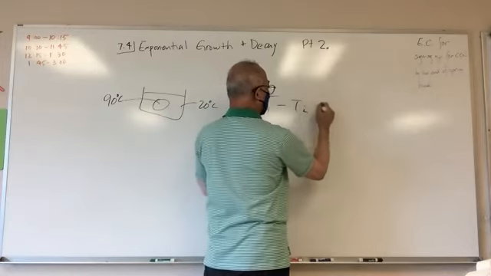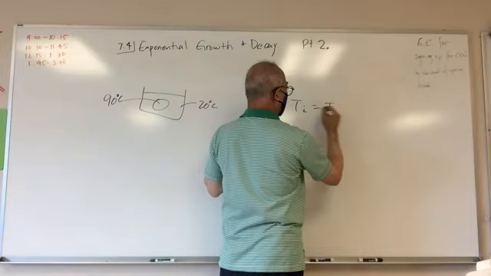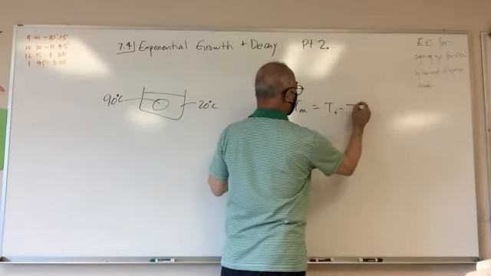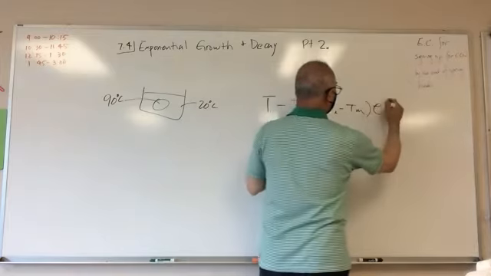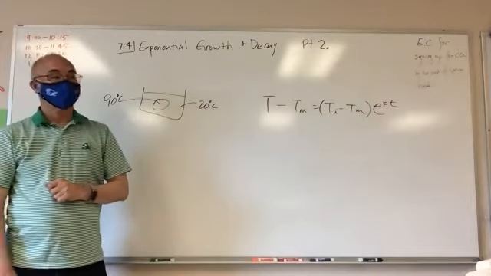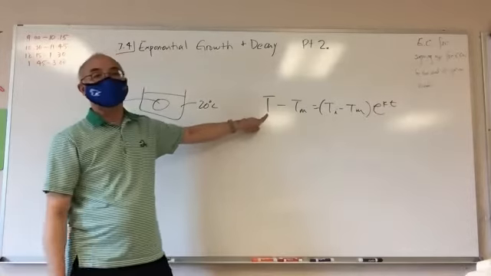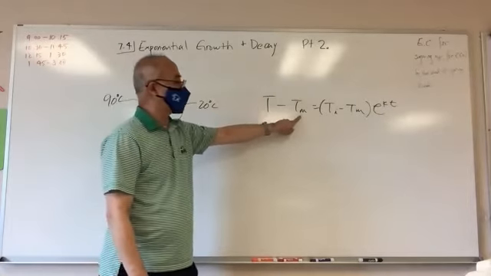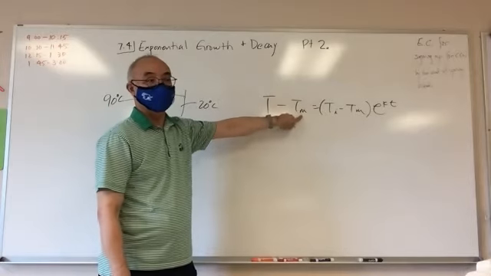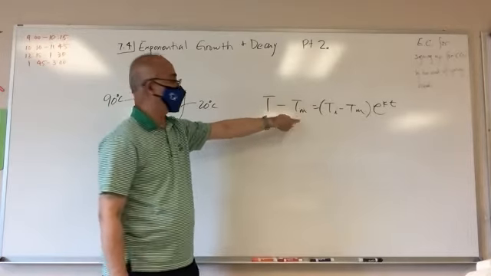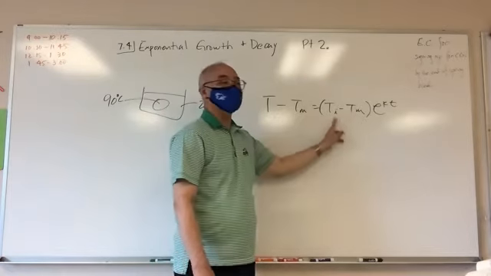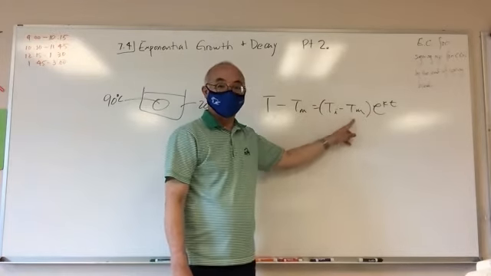Does this ring your bell? The temperature of the egg at any given time is the temperature of the water, the temperature minus the water. That's the temperature gradient or temperature difference at any time t.